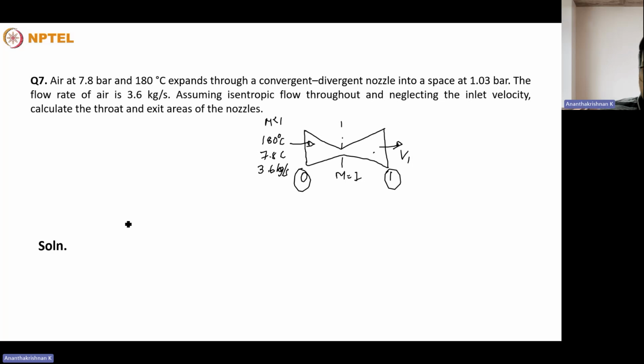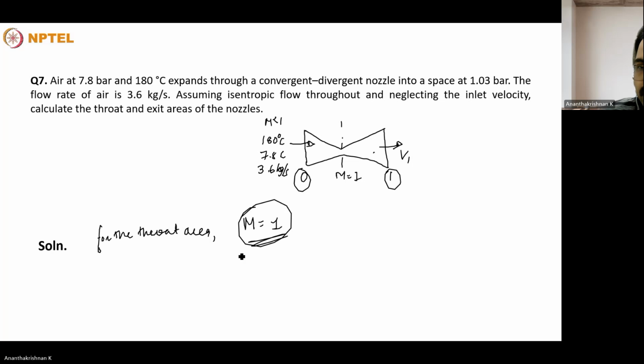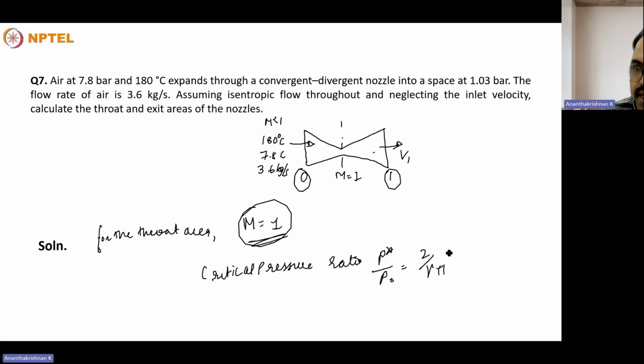Now for the choke point or the throat point, for the throat area, where the Mach number will be equal to 1, we can find the critical pressure ratio, where P star divided by P0 will be given by the formula (2 divided by gamma plus 1) raised to gamma divided by gamma minus 1.